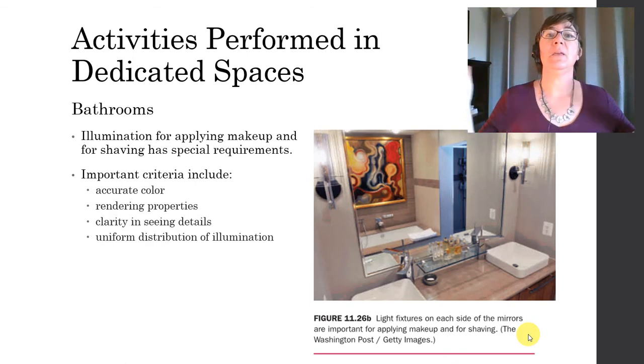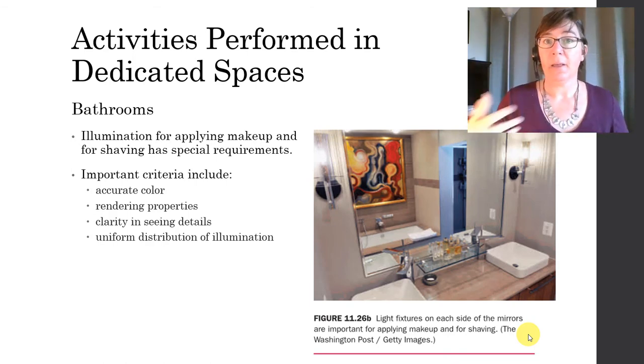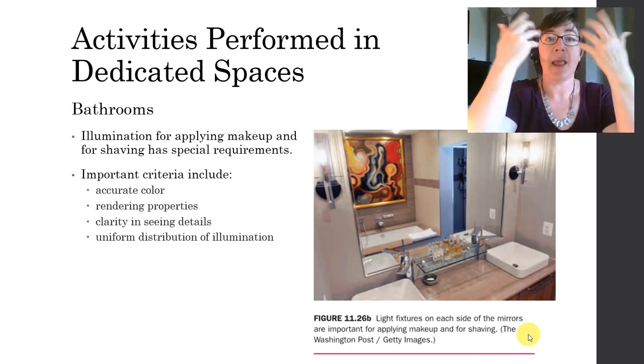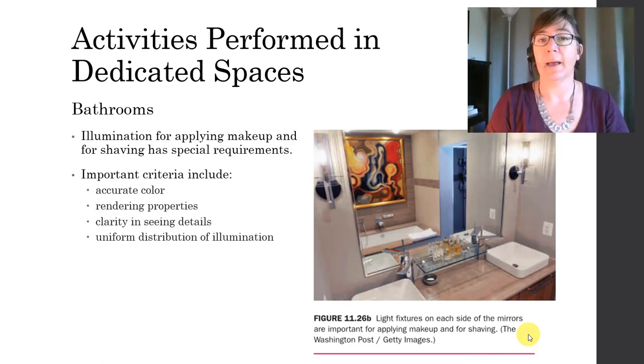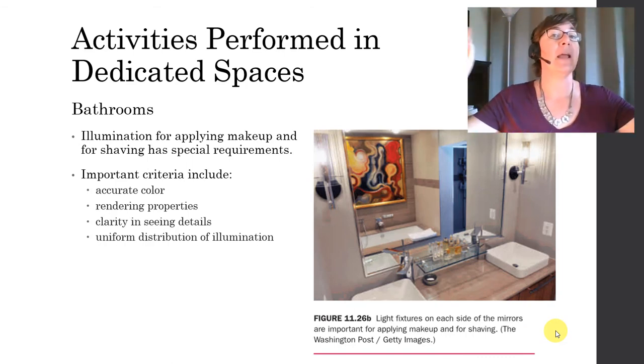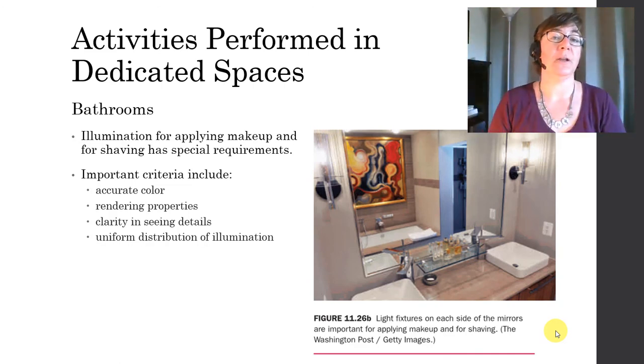And you need it to be uniformly distributed so that, for example, you don't have just one direct light down and large shadows cast on your users' faces. So here's an example of some pretty good lighting design in a bathroom, and it has light fixtures on each side of the mirror to provide that even distribution of light for the grooming task.